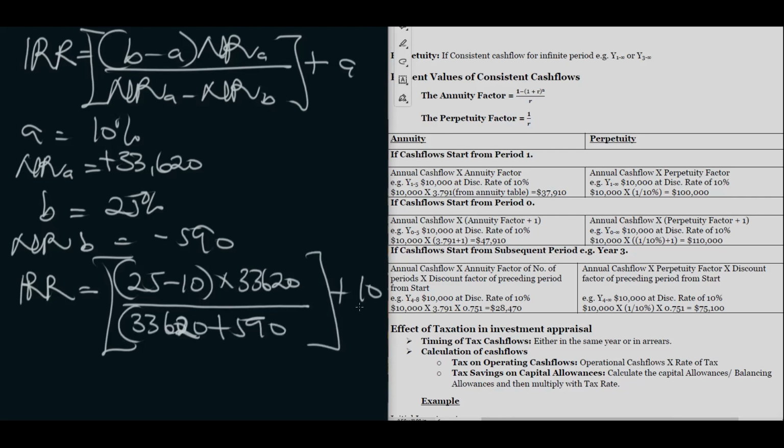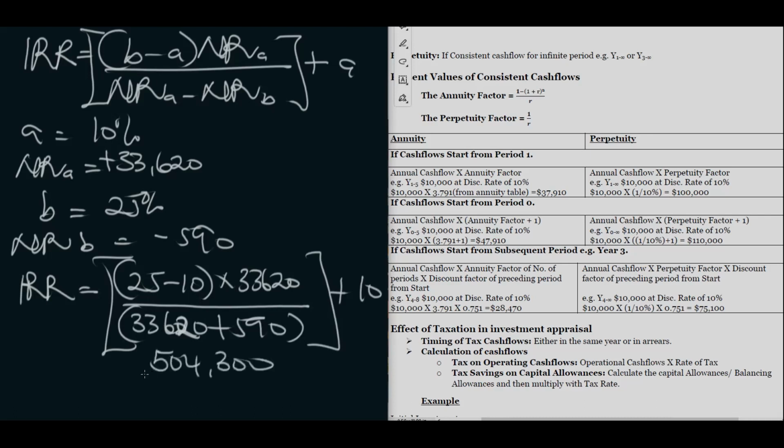So you see, when you do it like this, IRR becomes very simple. 25 minus 10 becomes 15, times 33,620 gives 504,300 at the top.